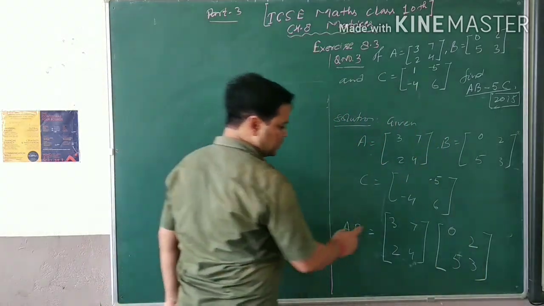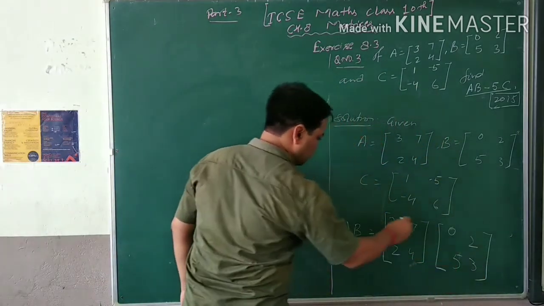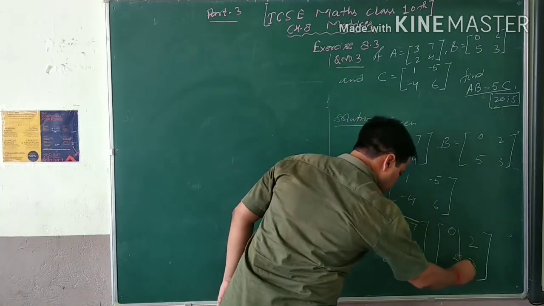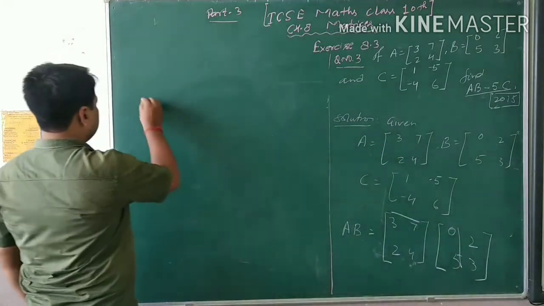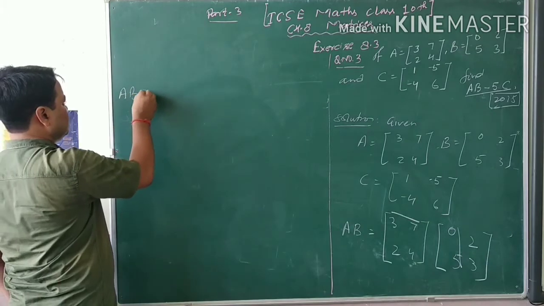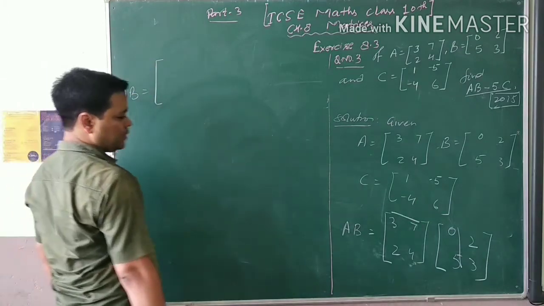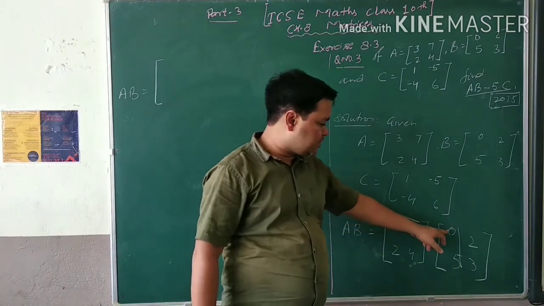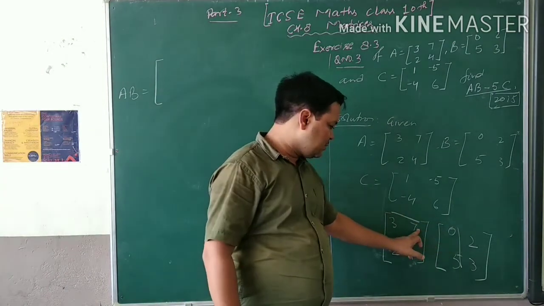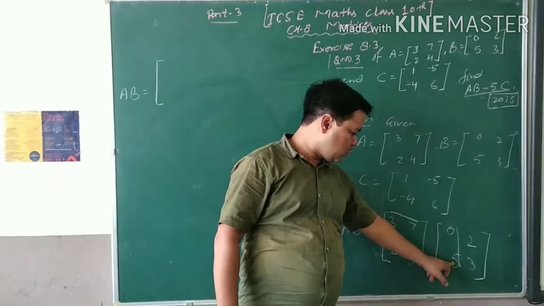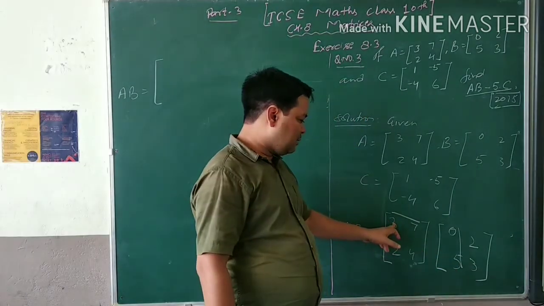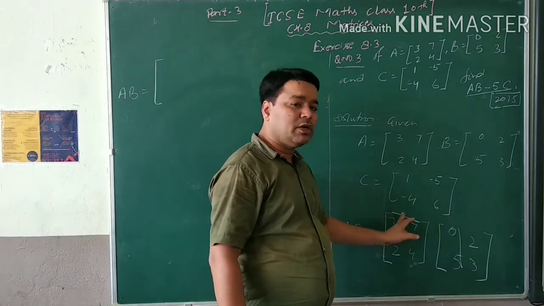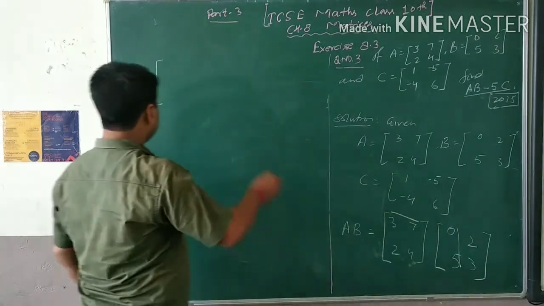First row, first column will be multiplied: 3 multiplied by 0 plus 7 multiplied by 5.